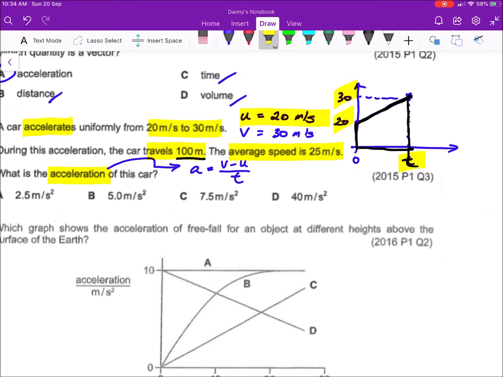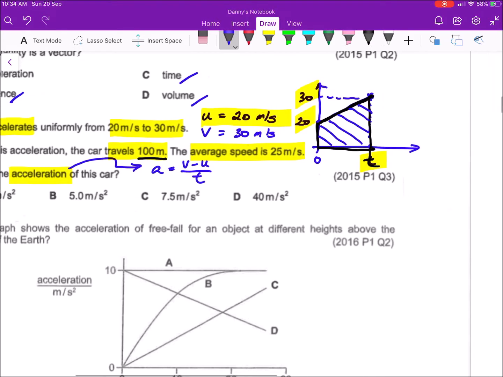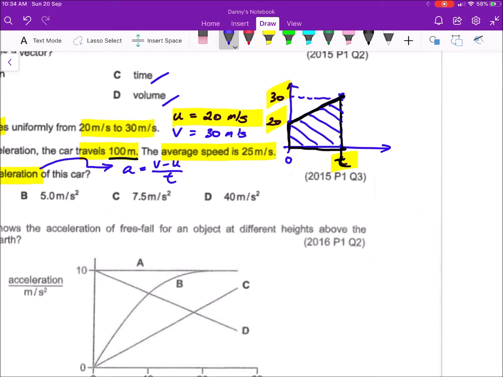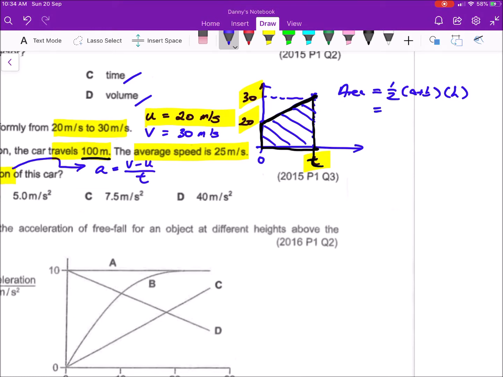I need to make use of this distance, and the distance traveled is actually given by the area under the graph. So if I look at this, then I need to make use of my area formula, which is going to be half (a plus b) times h. So this is the trapezium area. So a refers to here, and b refers to here.